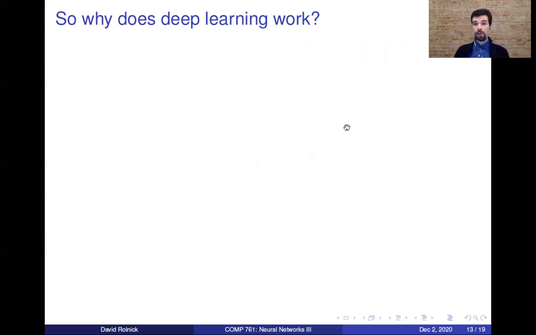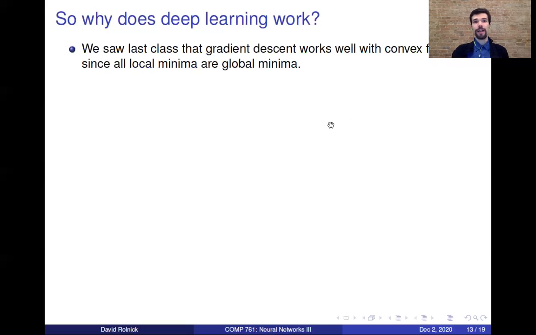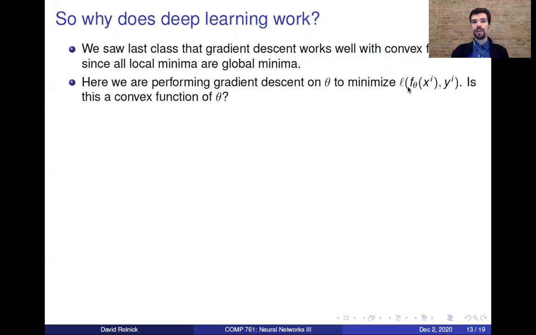So why does deep learning work? So last time, we saw that gradient descent works well with convex functions since all local minima are global minima. We are performing gradient descent on theta to minimize this loss function. Is this a convex function of theta?